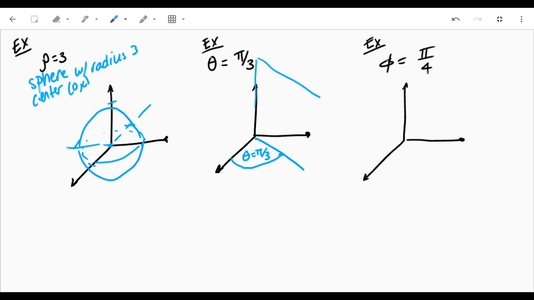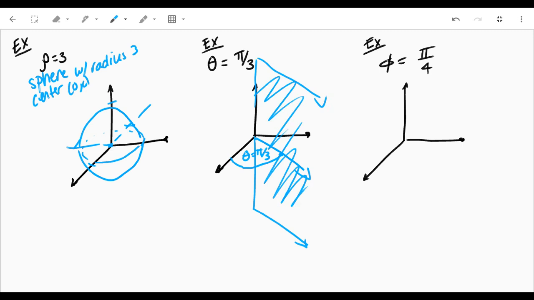So you can think about the plane that goes on and on to the right. Because in order for us to get to the other side, rho would have to be negative, which can't happen, or phi would have to be outside of the bounds 0 to pi over 2. So this is a half plane.